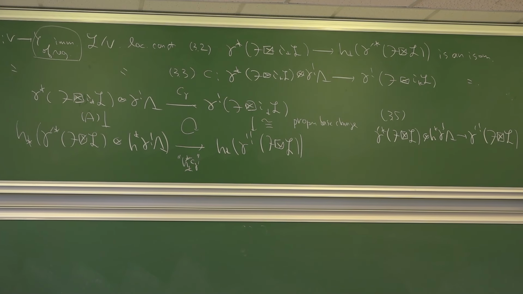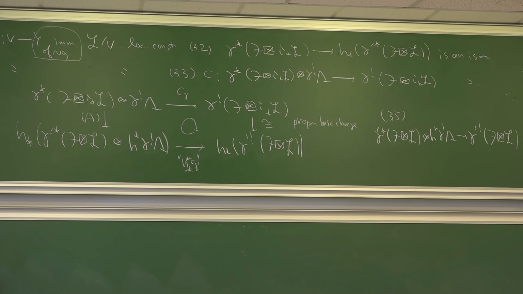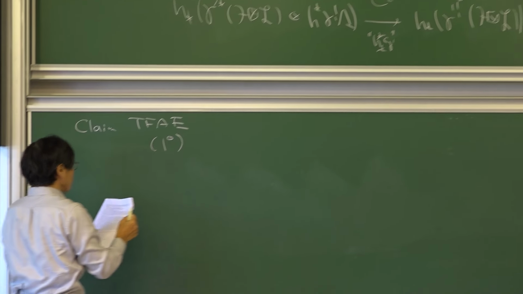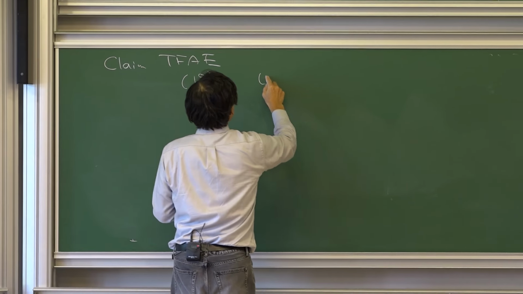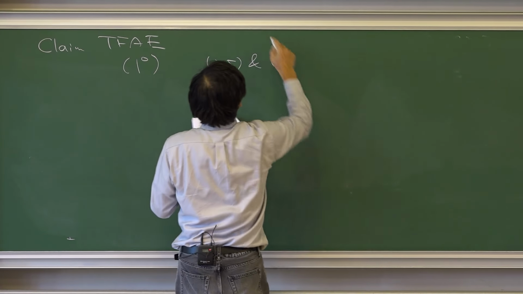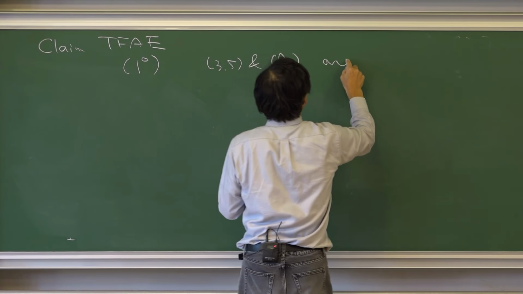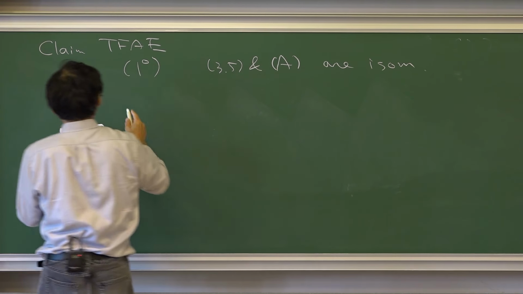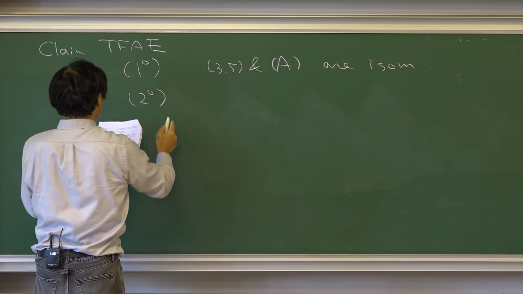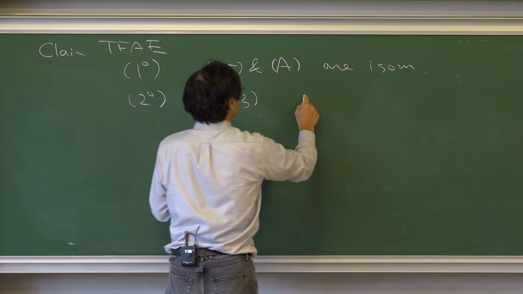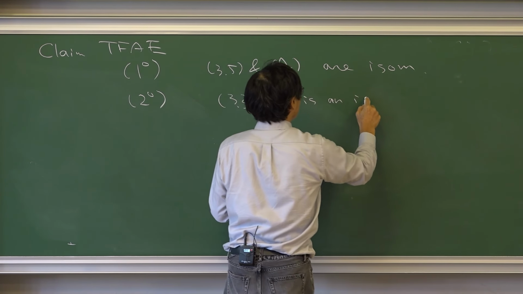Okay, so the claim is the following are equivalent. The first one is that 3.5 and that A are isomorphisms. The second one is 3.3 is an isomorphism.